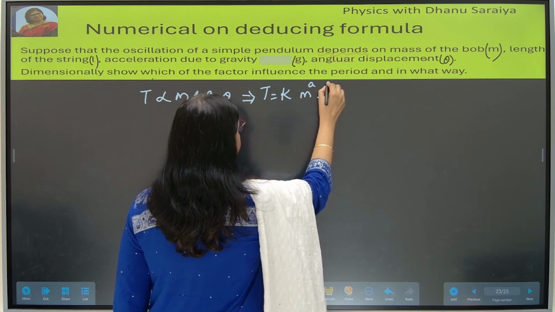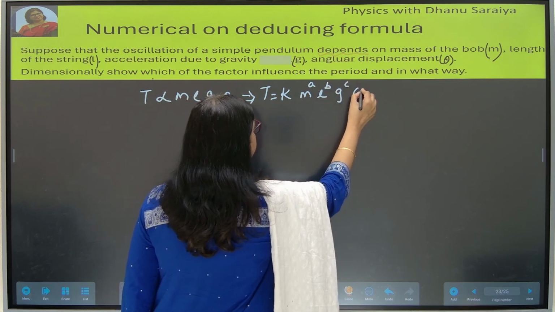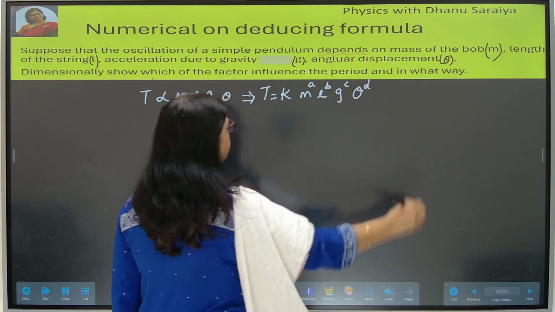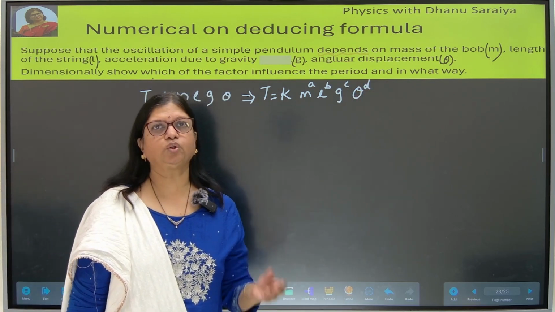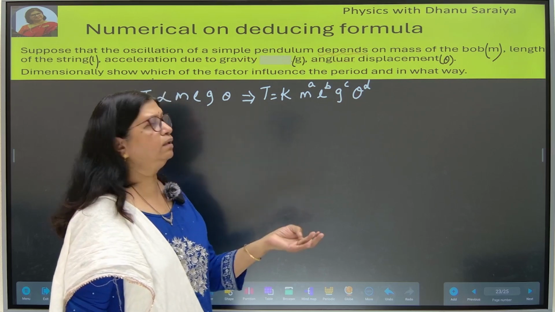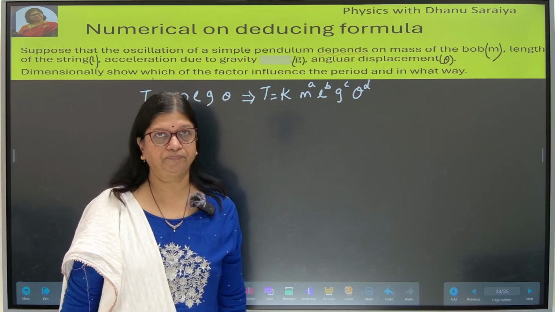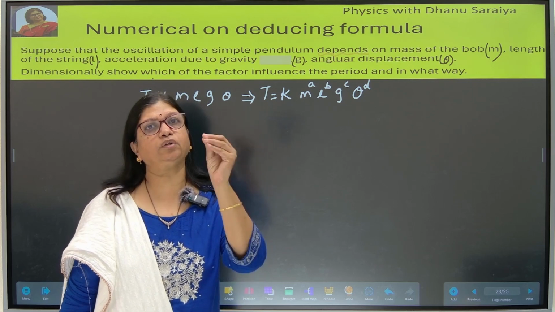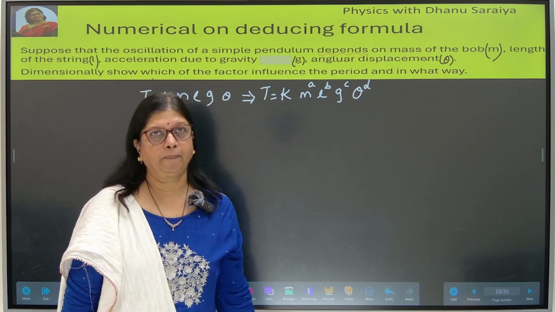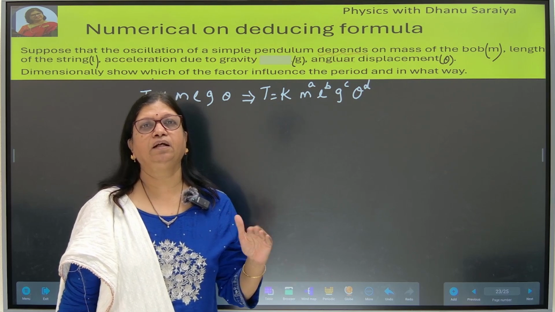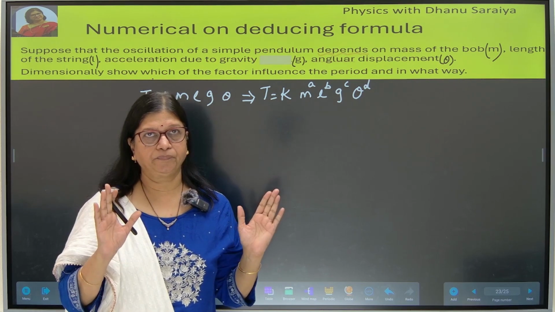Here we have to find out the powers. So give powers to each physical quantity: M, L, g, theta, we gave the powers. We have to find out the values of those powers and substitute here. That is our work.